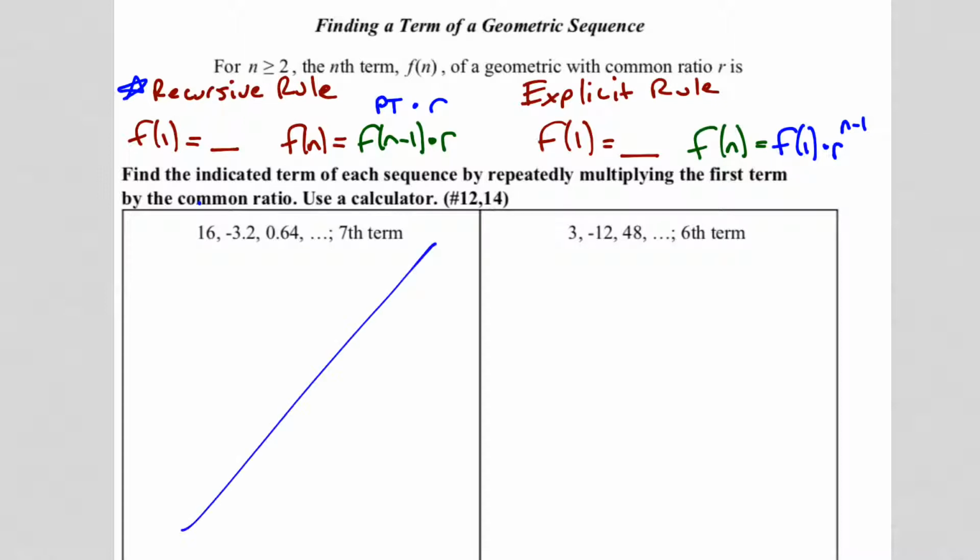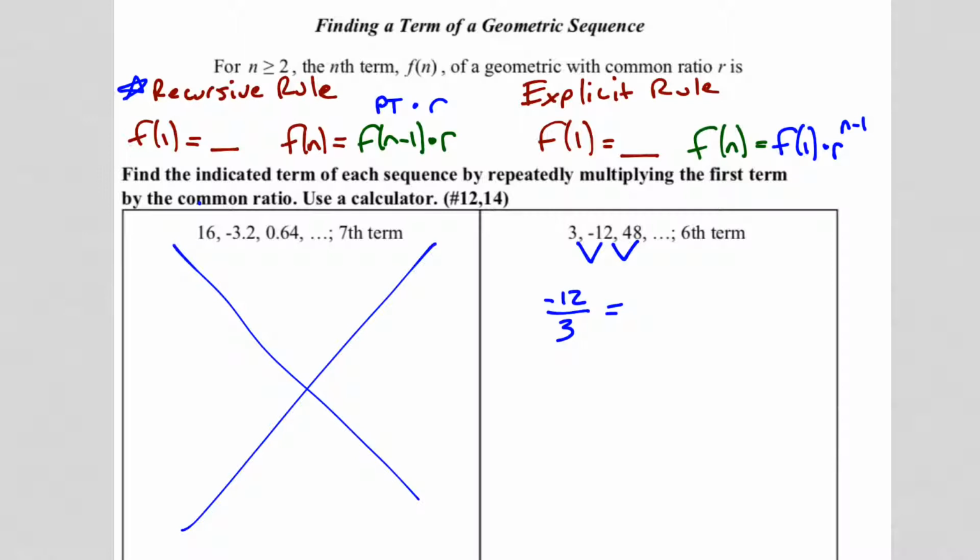So we're going to not do this example because I just don't like that example. So let's do this other example though. Let's find the common ratio between these terms. What happens when I take the second term, negative 12, and divide it by the first term?